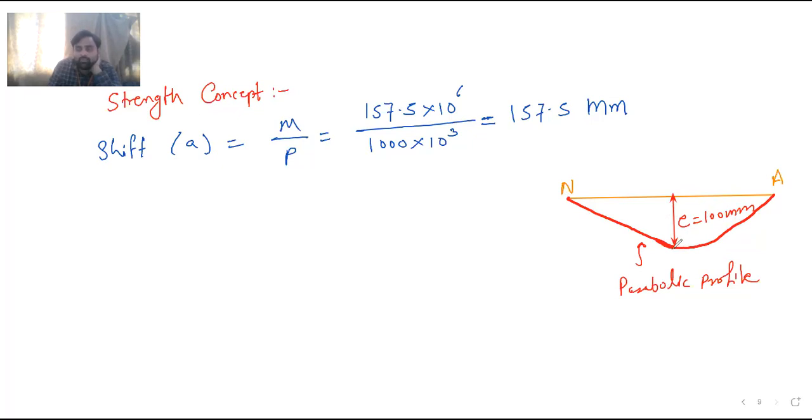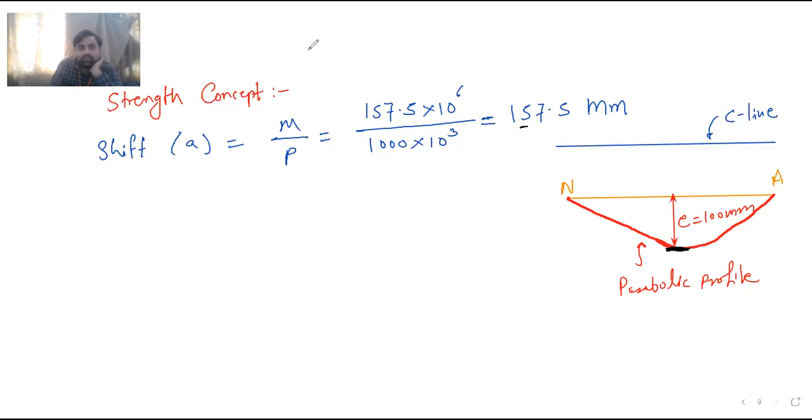Now from this point, your C line is shifted by a distance of 157. The distance from the neutral axis is 100, but the shift is 157. So your C line will be somewhere above the neutral axis, and this line is your C line.